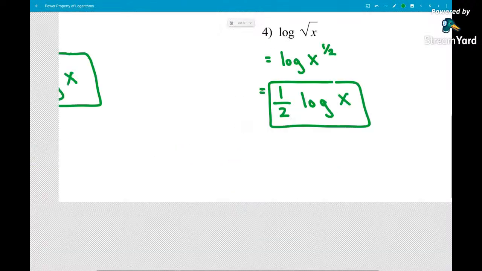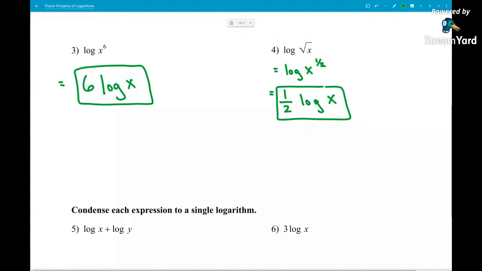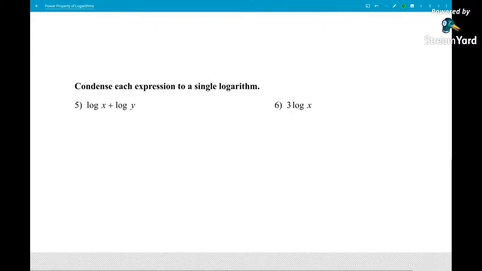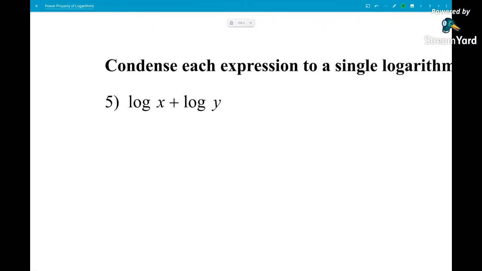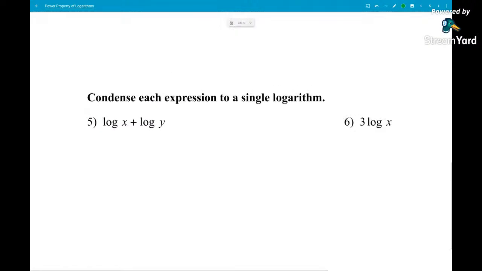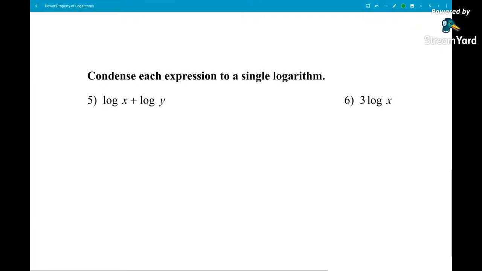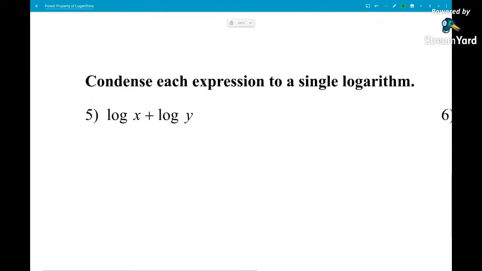Other things. So now we're going to work in reverse. We're not going to expand, but we are going to condense expressions. What the heck does that mean? Well, if we just expanded something, condensing it is the reverse. So in number 5, I see 2 common logarithms separated by addition, so I can condense it to a single logarithm.